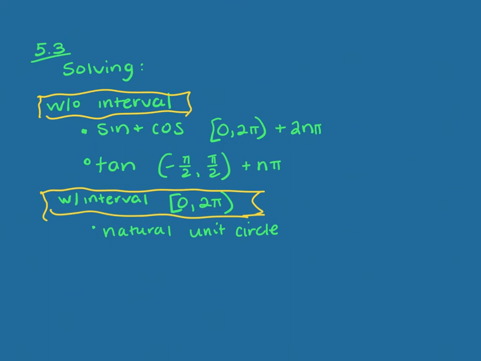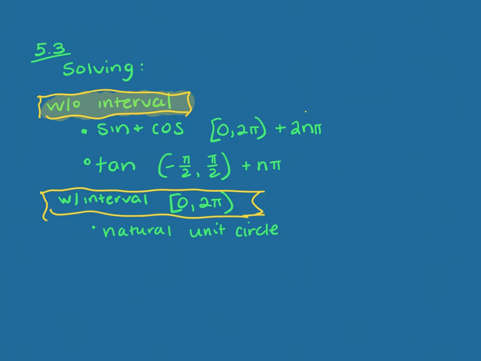But then remember, if it doesn't give you the intervals, I've said it a couple times, but I want to really reiterate this. If it doesn't give you the interval, for your sine and cosine, you use your whole circle, and then you add plus 2n pi or 2 pi n, because it doesn't matter.